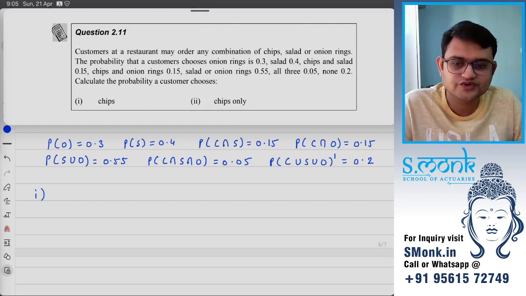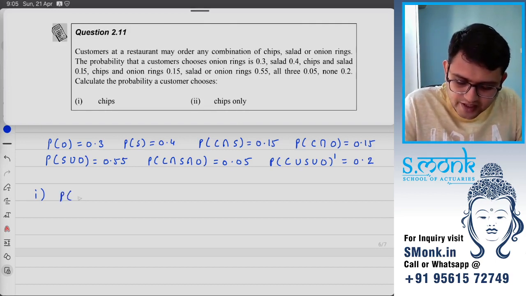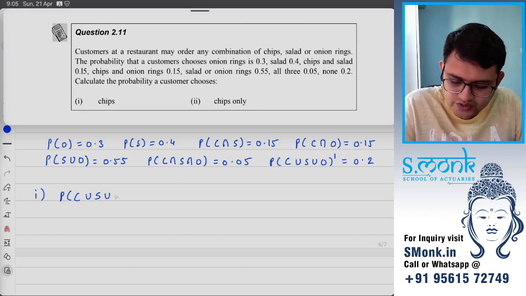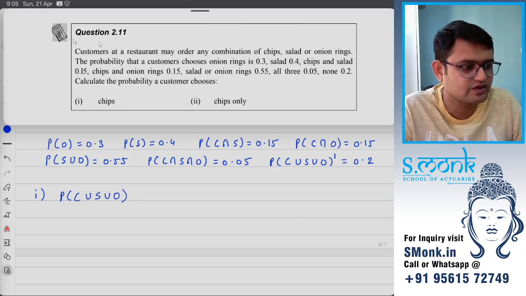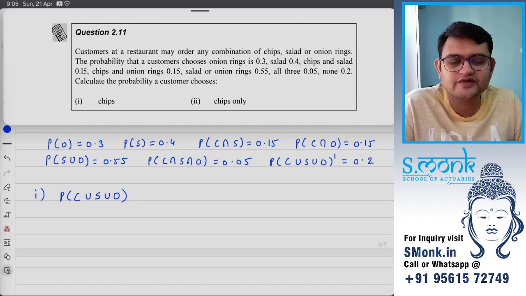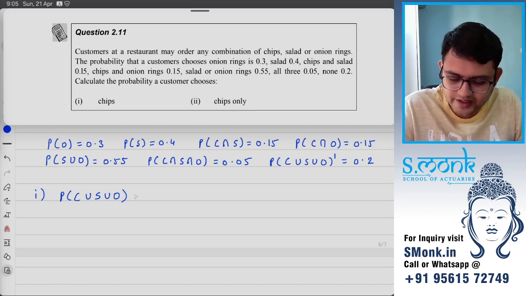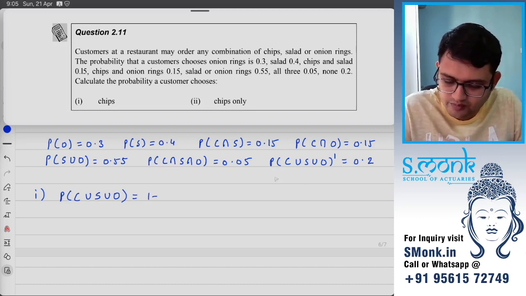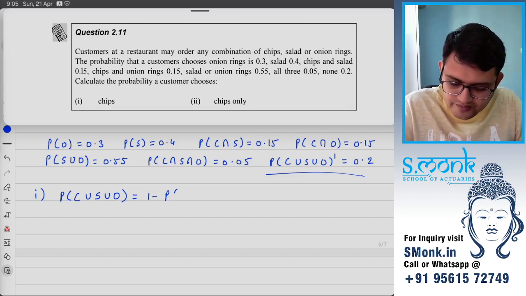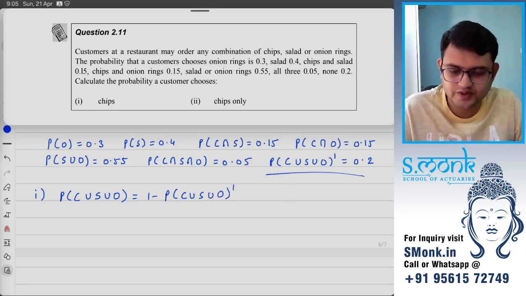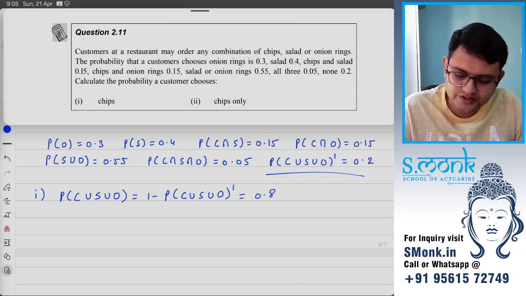First, the probability that I will get one of these three, chips union salad union onion rings, would be 1 minus the complement. 1 minus the probability of chips union salad union onion rings complement. That would be 0.8.